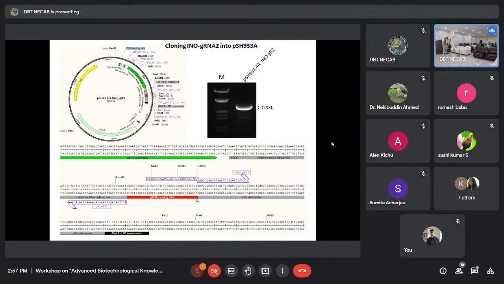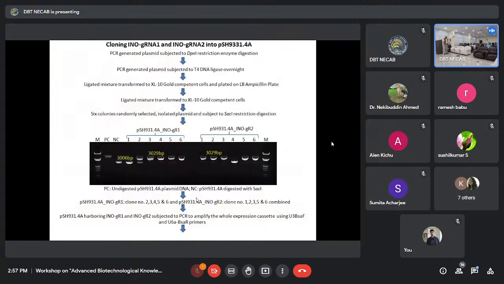This fragment will be removed, and ultimately you will have clones which cannot be digested. So the plasmid DNA which cannot be digested with SacI are your positive clones, and those which are digested with SacI are your negative clones.